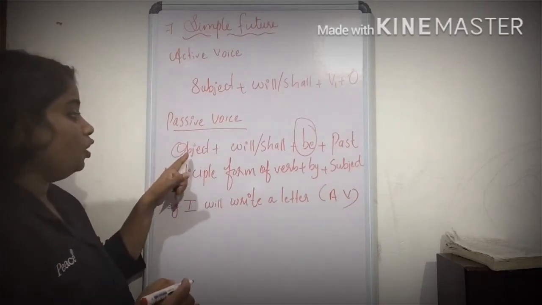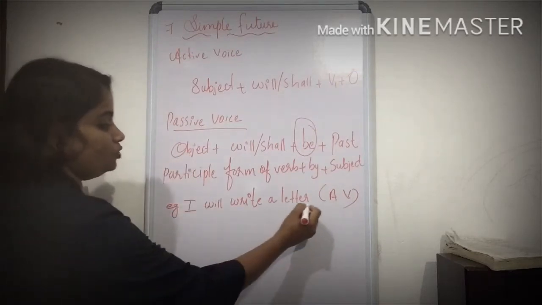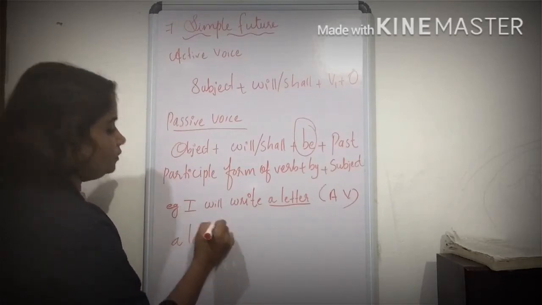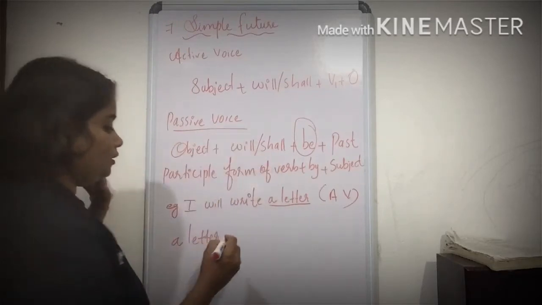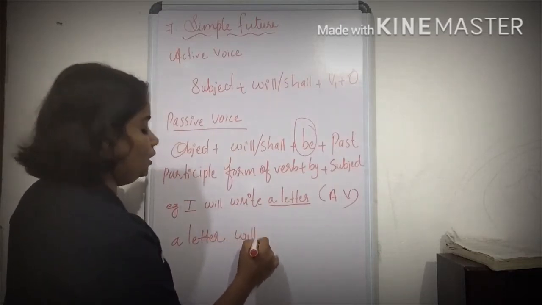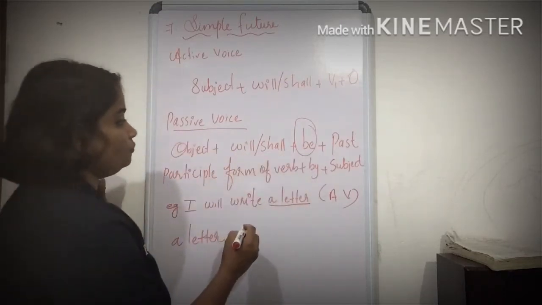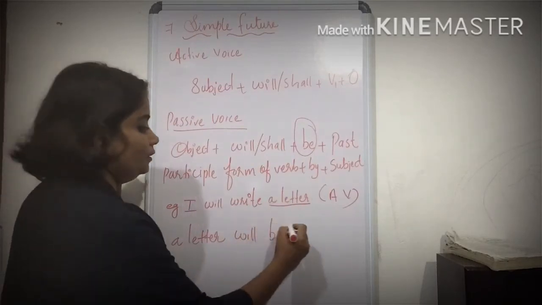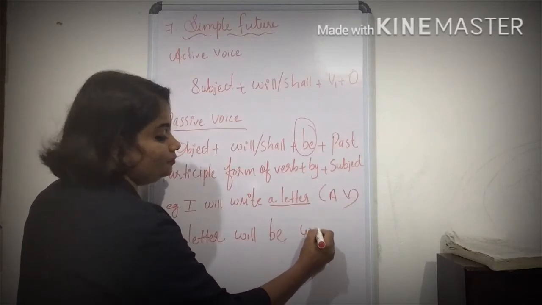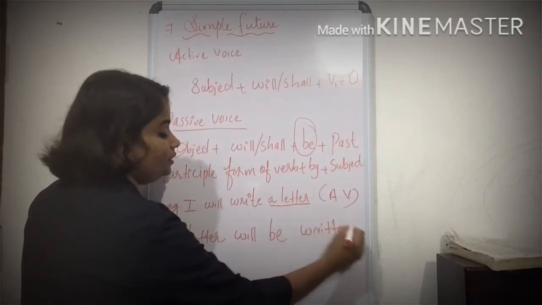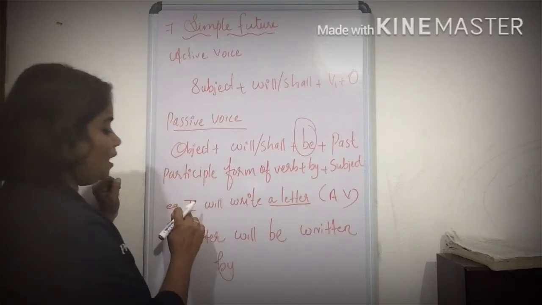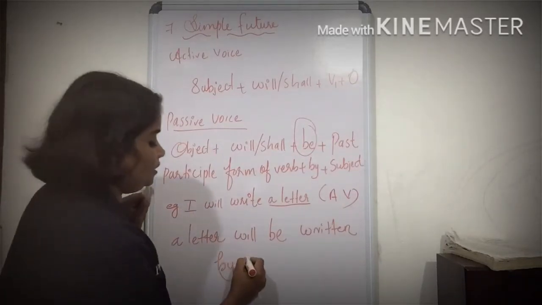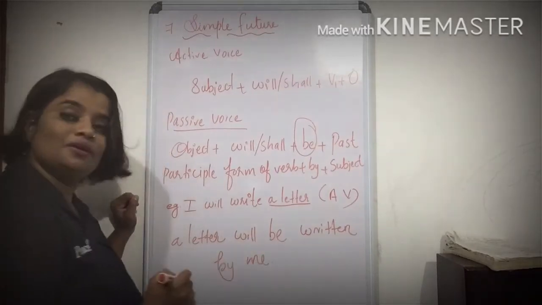Okay, see the structure. Object comes at the beginning, which is a letter. A letter. Then will or shall. A letter will. Then in the case of simple future, will be, write, wrote, written. Will be written by I, subjective case. I's objective case. Yes, me.